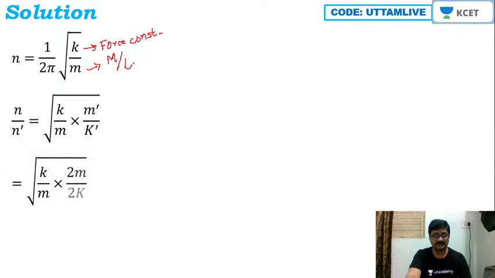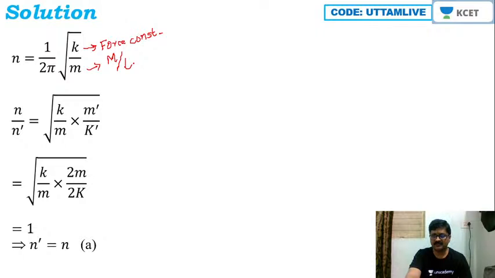So root of k by m into 2m by 2k, because m dash is 2m and k dash is 2k here, because the two springs are connected in series. Thus the ratio becomes 1 here. From this I can say that n dash is exactly equal to n. So that happens to be option A here.